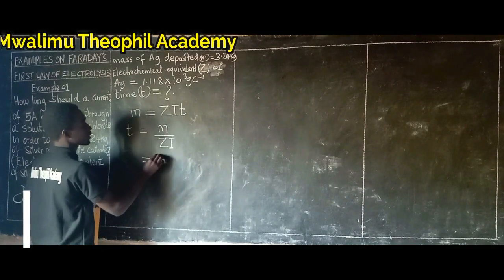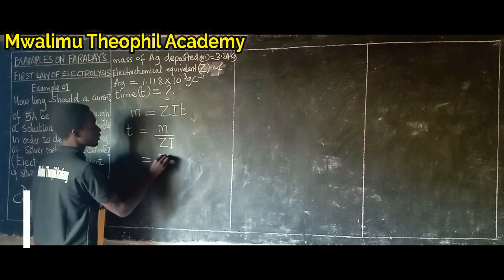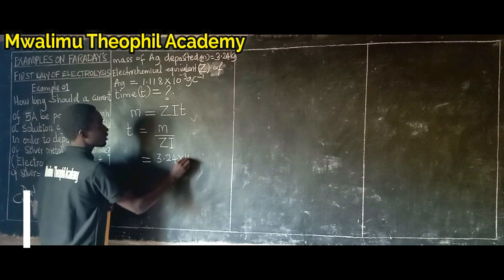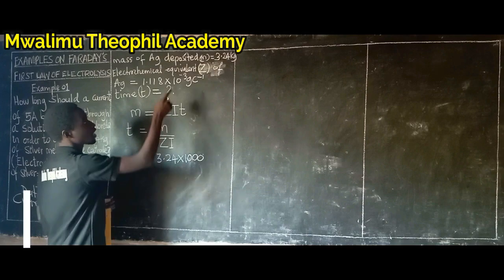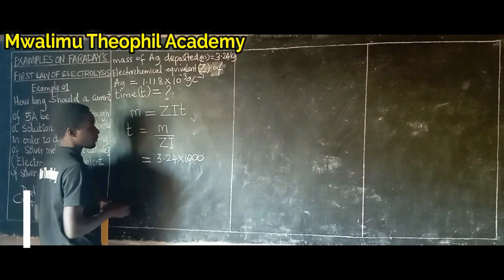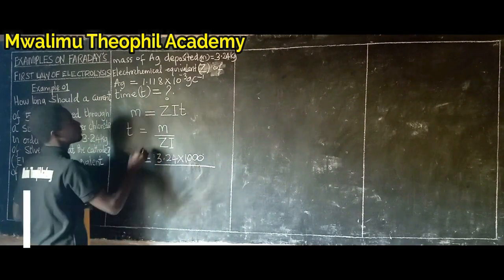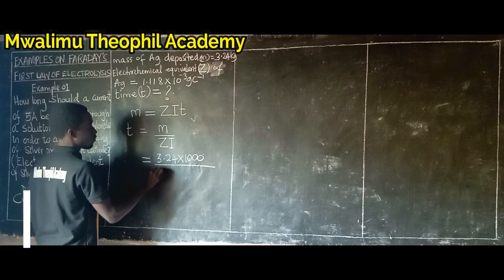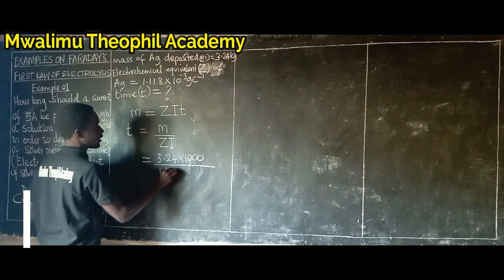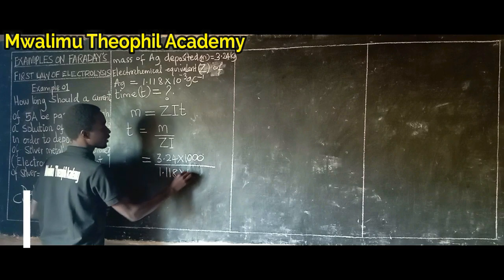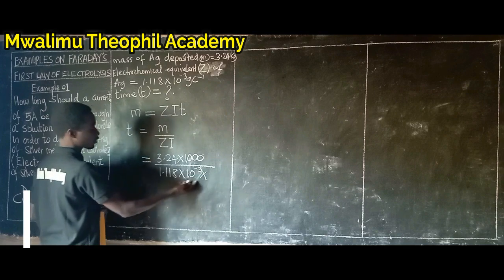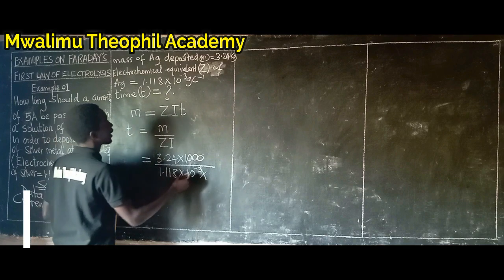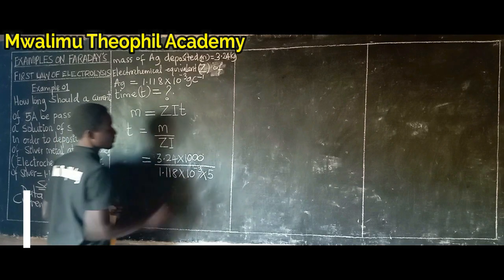In terms of mass, we put 3.24 times 1000. When we multiply by 1000, we change the kilogram into gram. Here, let us divide by electrochemical equivalent 1.118 times 10 raised to negative 3 times electric current, which is 5 ampere.